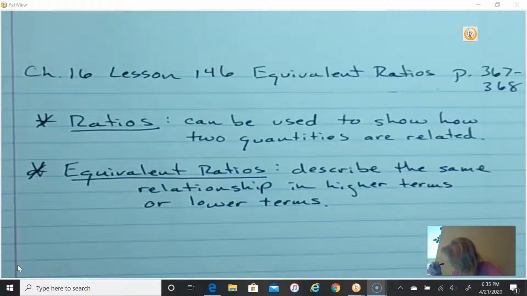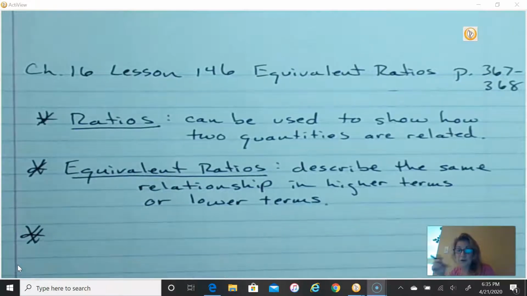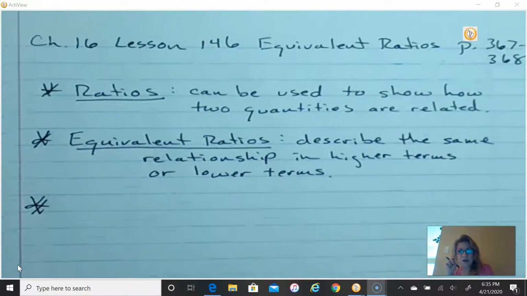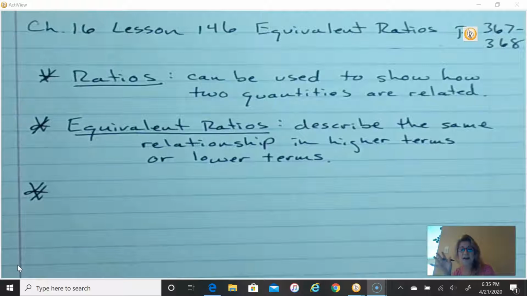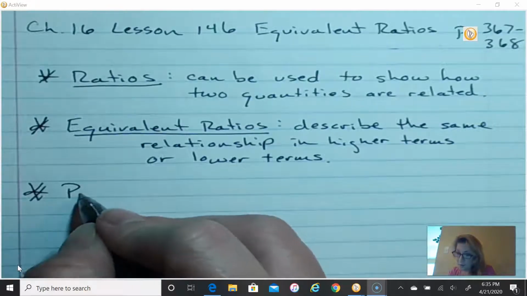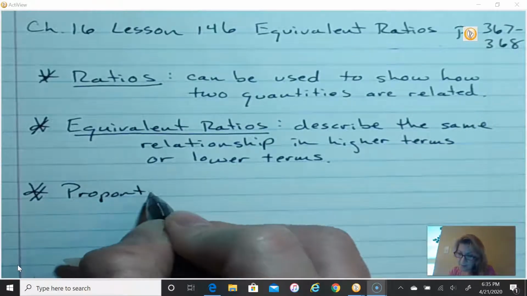So I'm going to do one more little quote definition, and then we're going to get started. Okay? Some of you really worked hard on reducing fractions, and y'all finally got it. So I think today's work is going to be not so bad for all of you. All right, proportion. I think we've talked about this too.